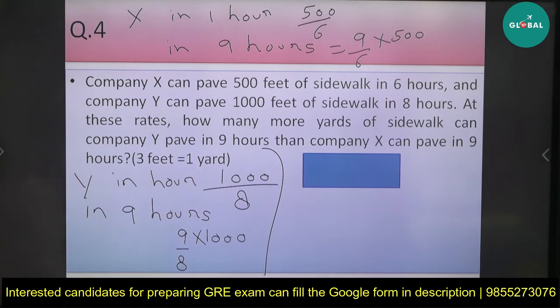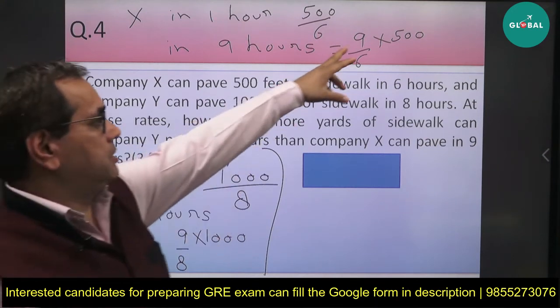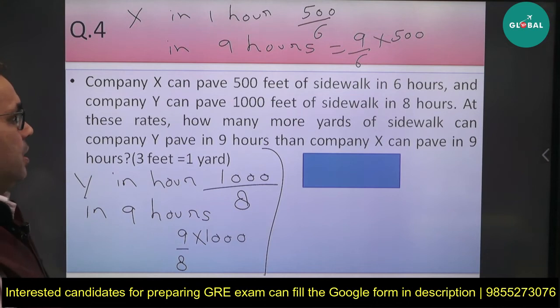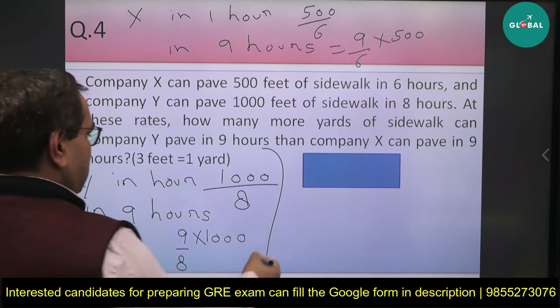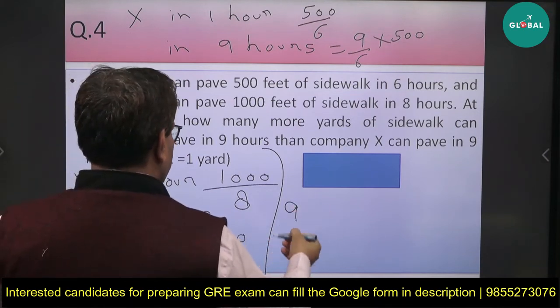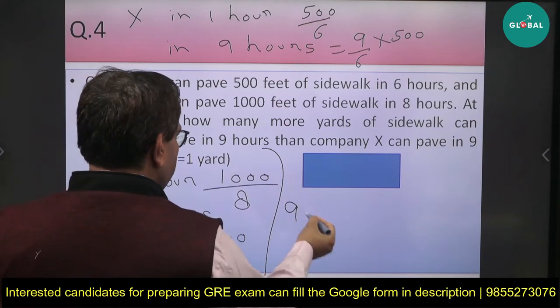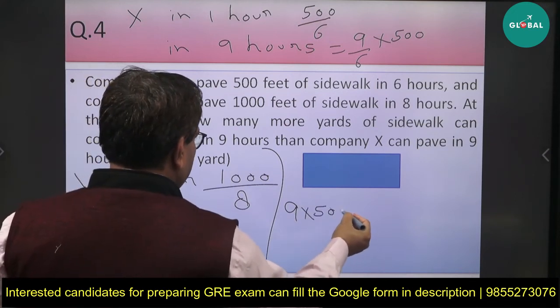So now what are they asking? They are asking how many more yards of sidewalk can company Y pave in 9 hours than company X? So they are asking this minus this actually, okay. So this 9 is common, we can take 9 common, and 500 also can be taken common, 9 into 500.